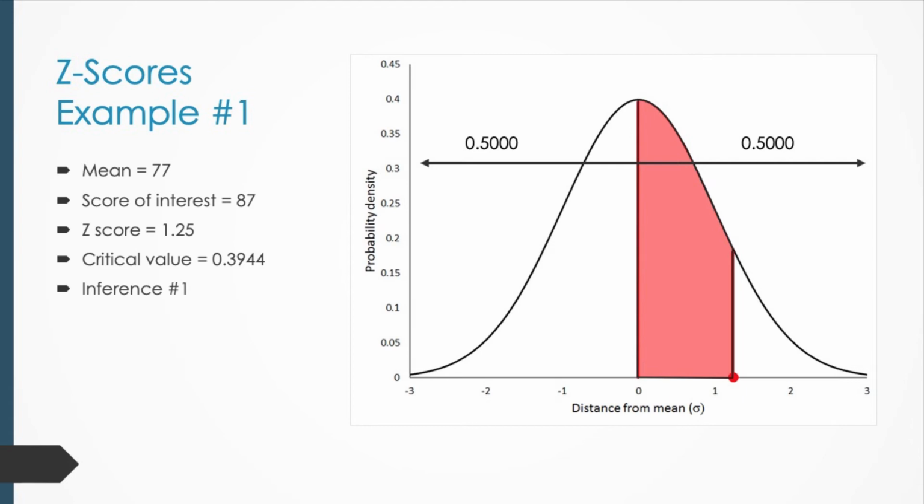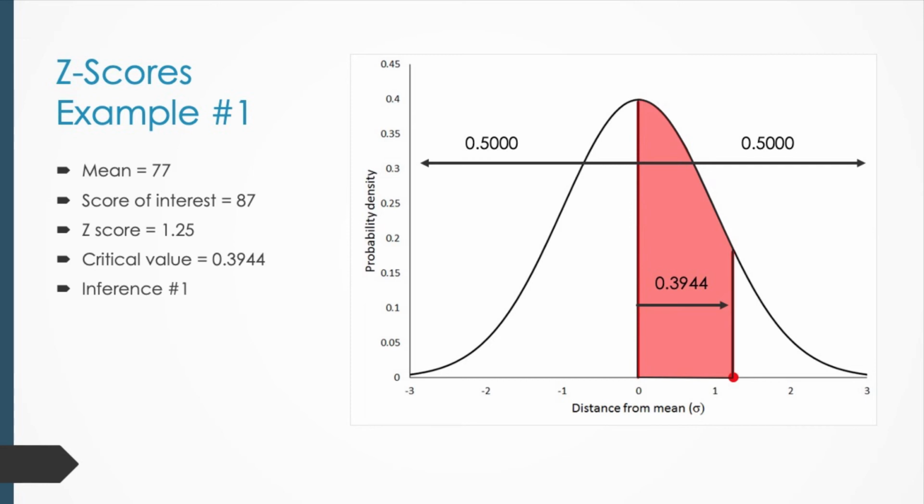So Rogue wanted to know what percentage of students she scored higher than. And so now we just have to fill in the information that we already have and do some reverse engineering to answer the question. Lucky for us, we already know that 39% of students scored between the 77 and Rogue's 87. And the great thing about the normal distribution is that we know that 50% of observations lie beneath the mean.